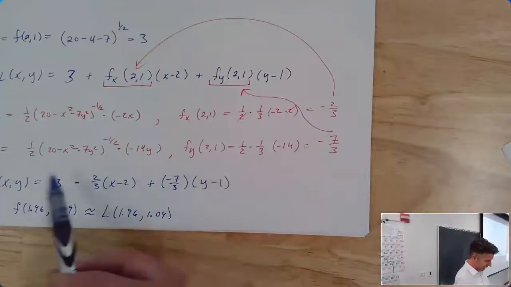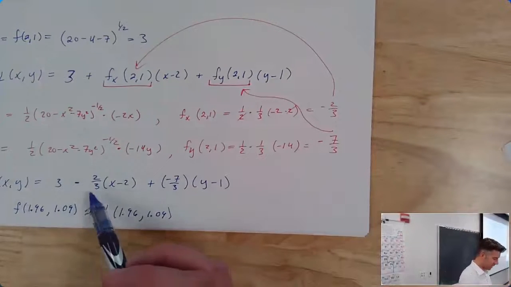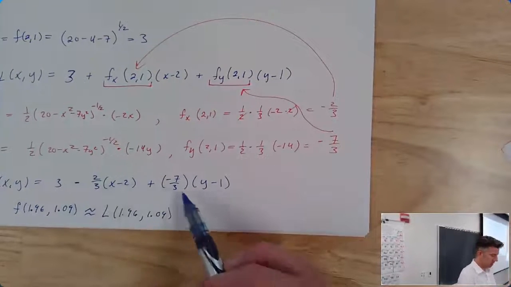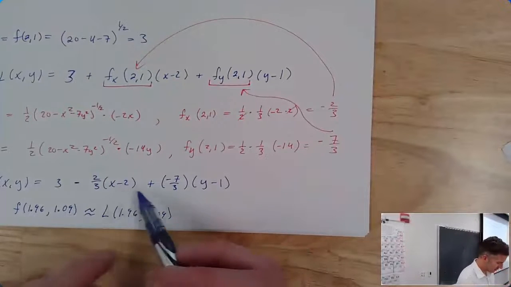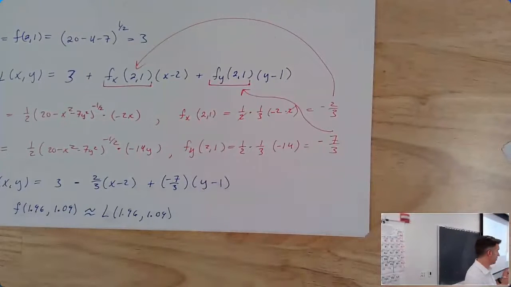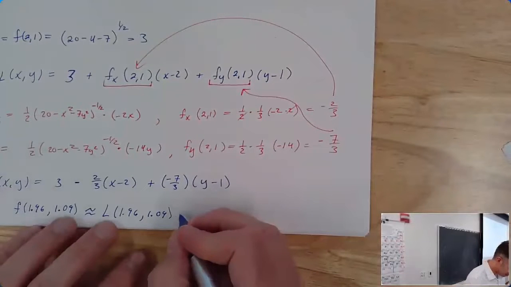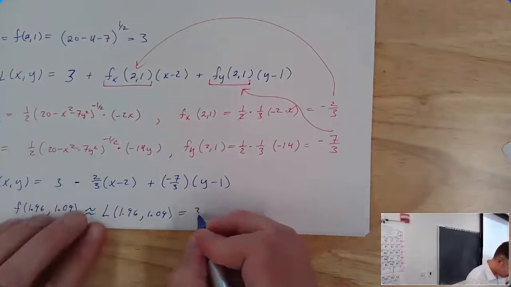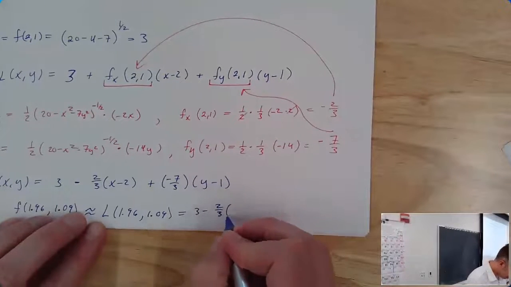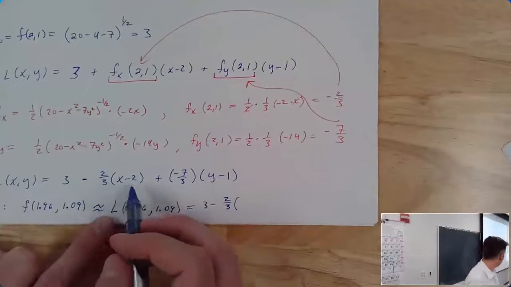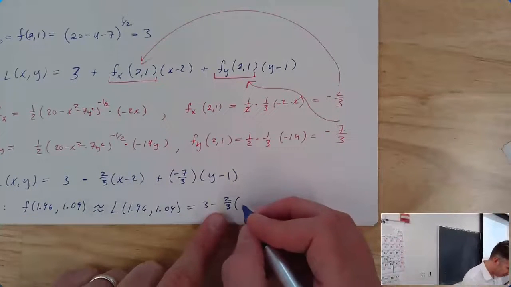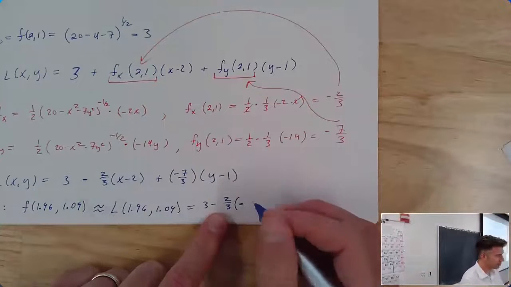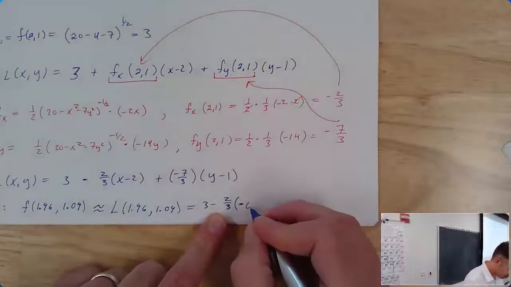Leave it as slope times (x minus whatever), slope times (y minus whatever), because the x minus whatever and the y minus whatever are going to be small numbers. So if I do this, I'm going to get 3 minus 2/3 times (1.96 minus 2), which is negative 0.04. Apologies.